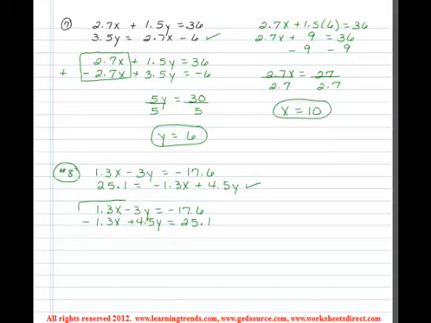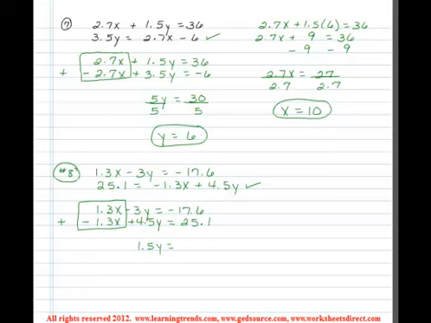Again, we see that we have a positive 1.3x and a negative 1.3x, and because of that, we can simply add our terms in these two equations. Our x's cancel out, and when we take a negative 3y and a positive 4.5y and add those together, the result is 1.5y.